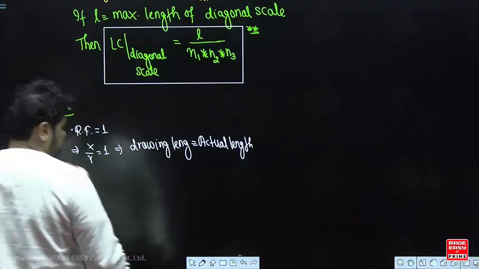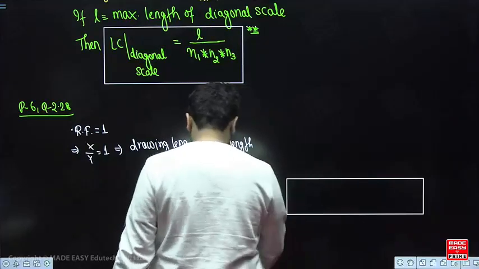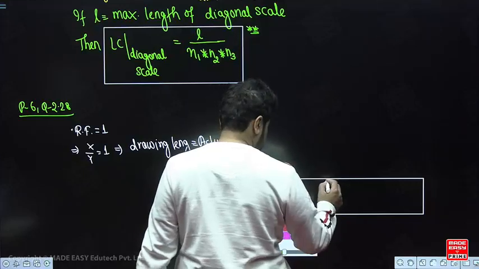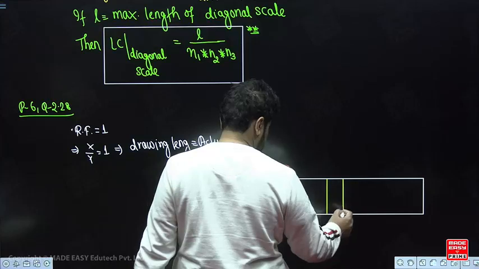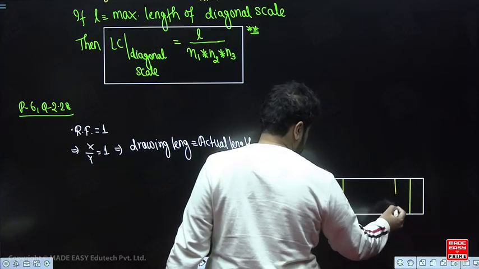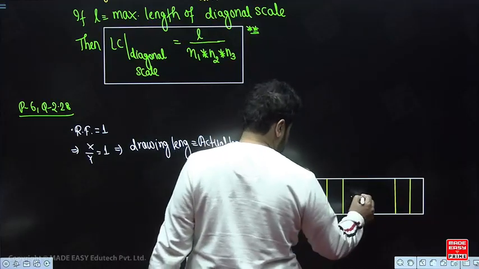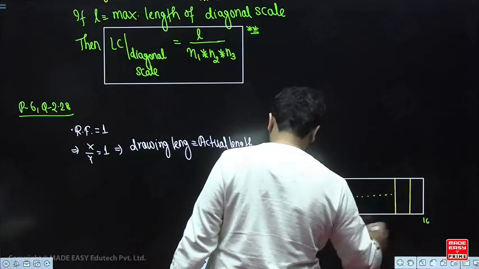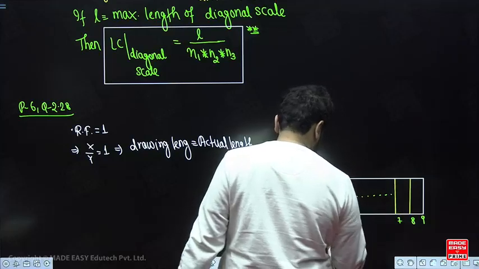Maximum distance is 10 centimeter. Maximum distance is 10 centimeter means what? So, this is 0, 1, this is 10, sorry, 9, 8, 7.